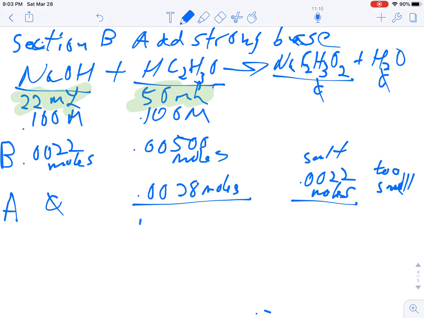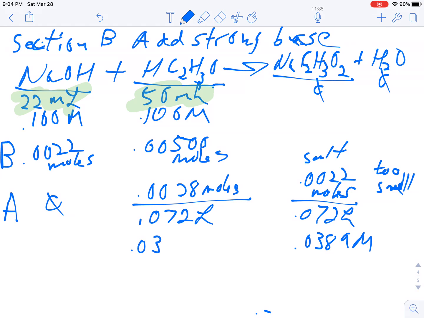So that means my total volume is now, and my molarity, oops, wrote that down in the wrong spot.